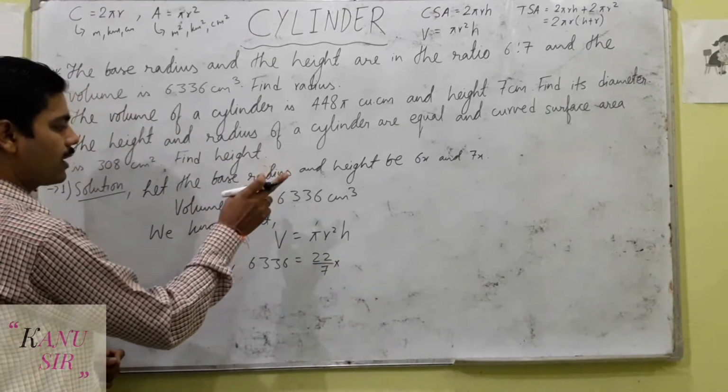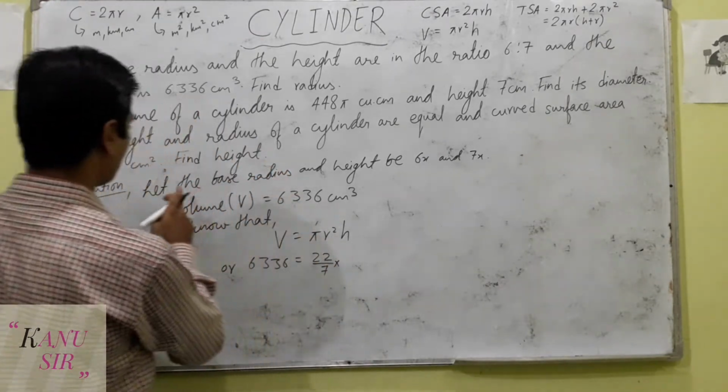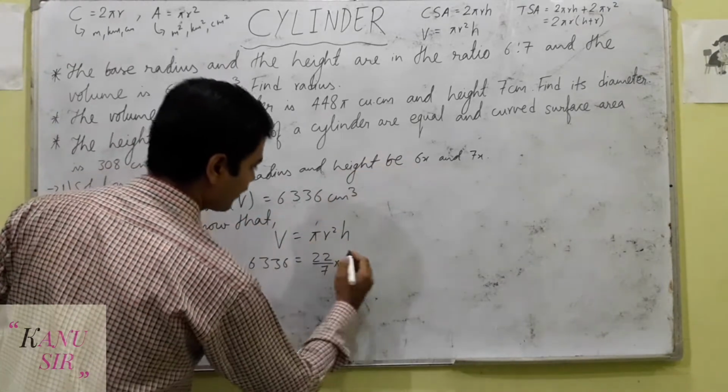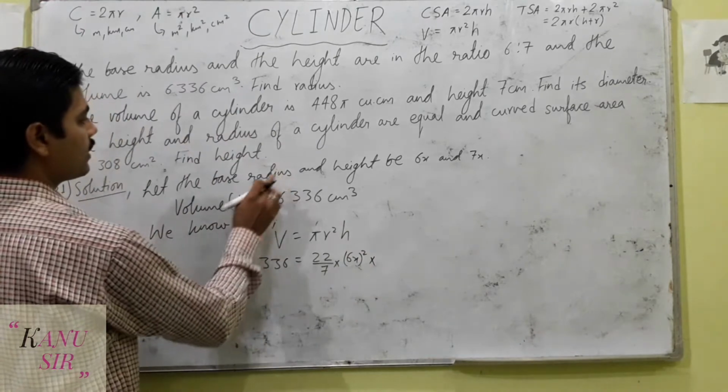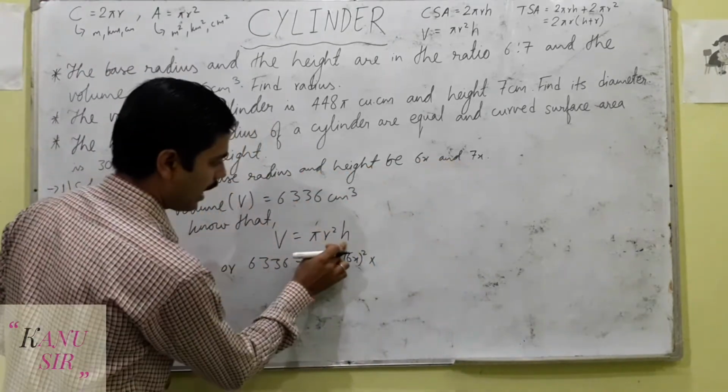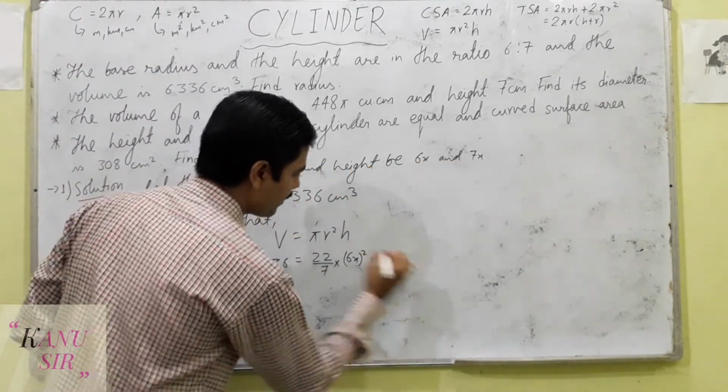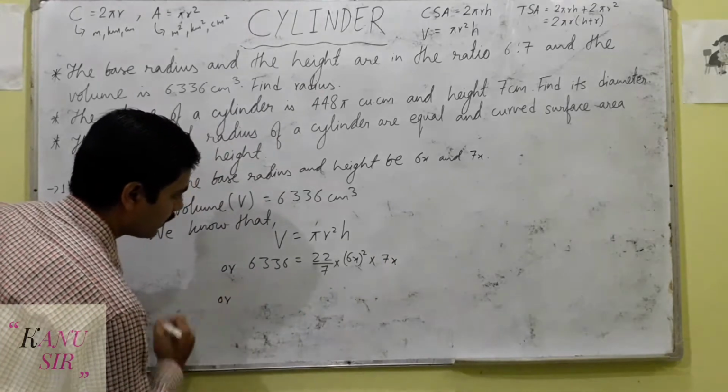We need to find the radius r, but we know the base radius is 6x. So 6x whole square, and the height is 7x.